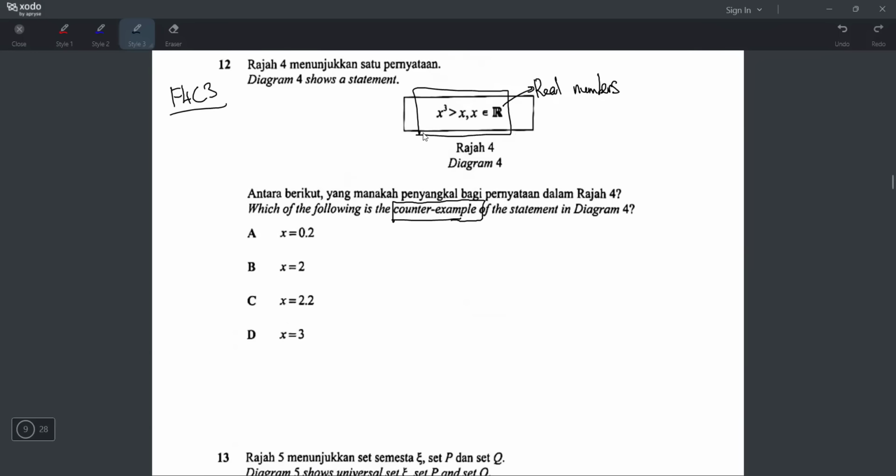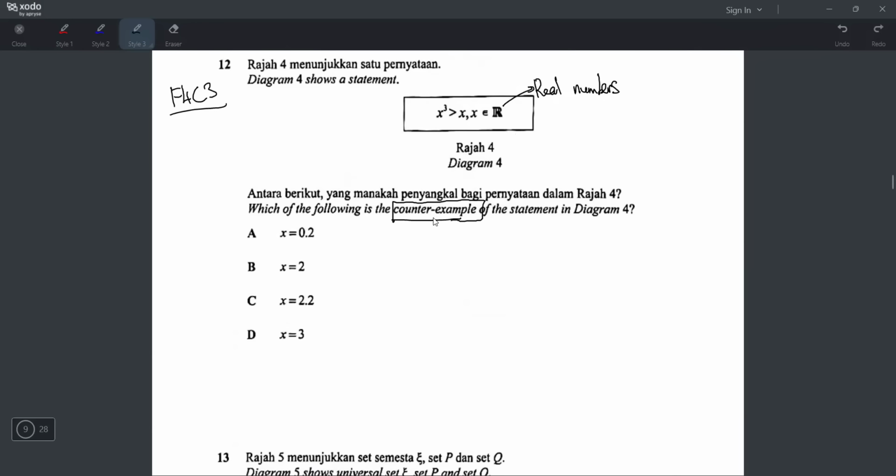Yang boleh prove benda ni salah. Okay, so again, what is counter example? An example that will prove that this thing is false. Ya, satu example yang akan membuatkan yang you boleh guna untuk buktikan statement ni salah. That's what it means by counter example.